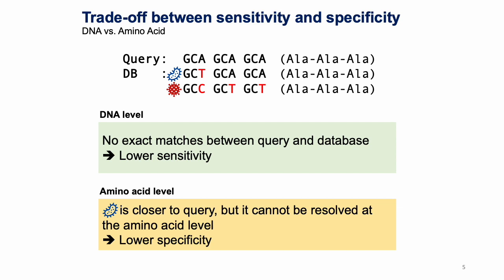On the other hand, they are all alanine, alanine, alanine in amino acid sequences, so if we compare them at the amino acid level, even though the blue species has closer sequences to the query sequence, it cannot be resolved, which leads to lower specificity.